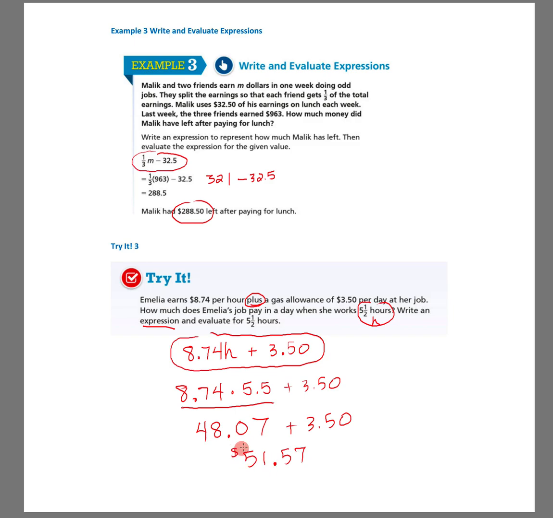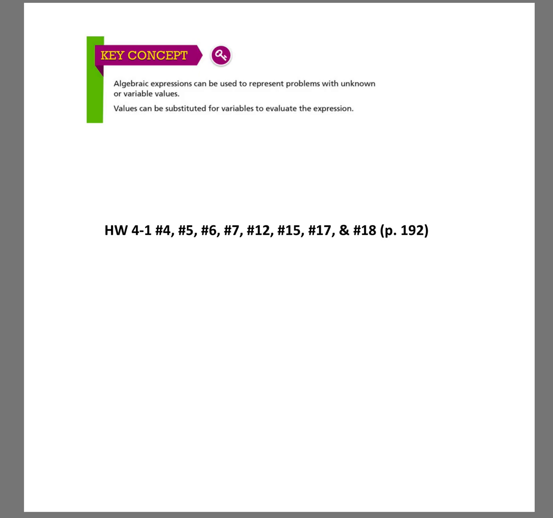And so I'll put some labeling on that. So there we go, $51.57. So $8.74 for 5.5 hours, plus $3.50 a day, and that's $51.57. So let's look at the summary page here.